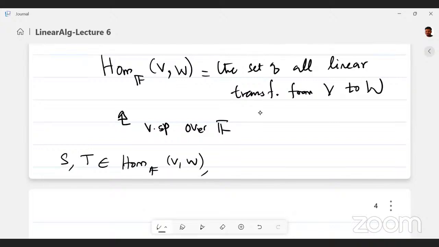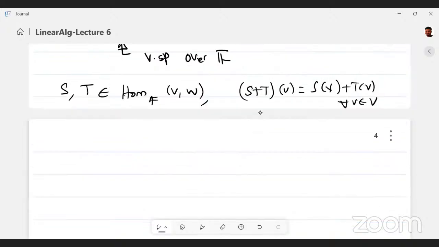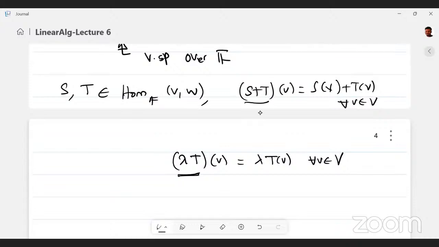Then the addition is defined pointwise: (S + T)(v) is defined to be S(v) + T(v), for all v in V. Similarly, the scalar multiplication (λT)(v) is defined to be λ times T(v) for all v in V. So these, S + T and λT, are new maps, and they are defined like this.